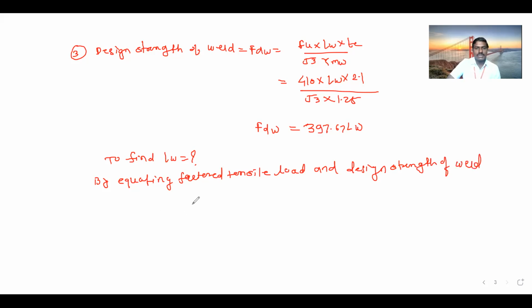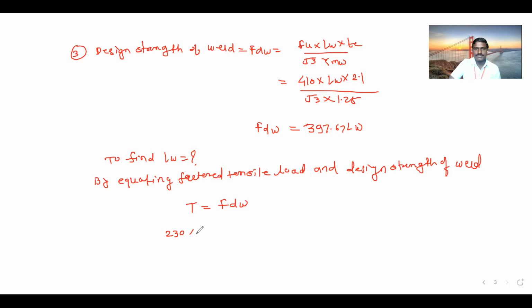So T is equal to FDW, correct? So our target is to find LW. It means for that we have to equate whatever factored load is coming on the member and whatever design strength of the weld, that we have to equate. So here factored load is how much? 230 kilonewton.